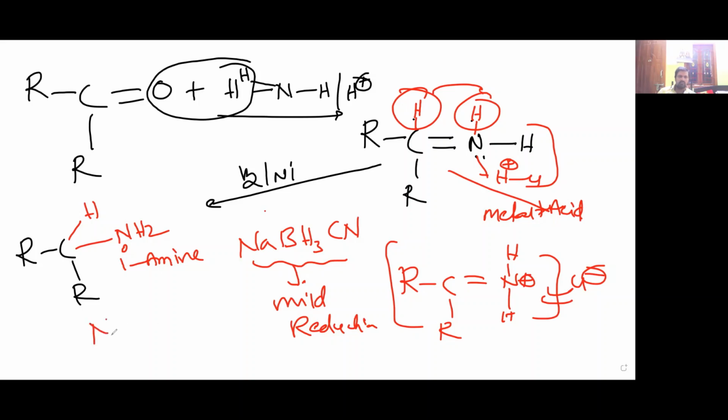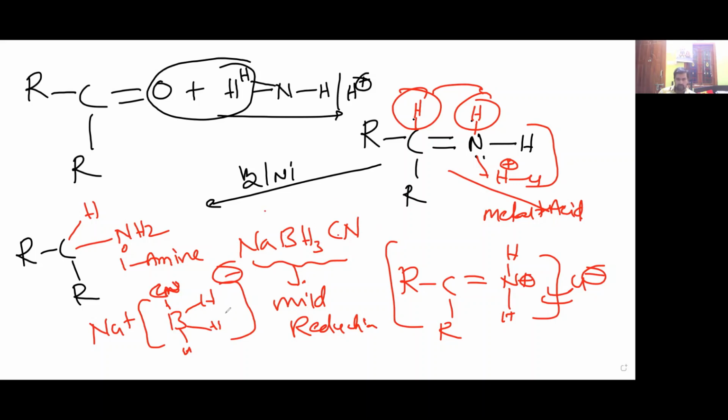What is this NaBH3CN? This is Na plus, sodium, and this is BH3CN. It is called sodium cyanoborohydride.